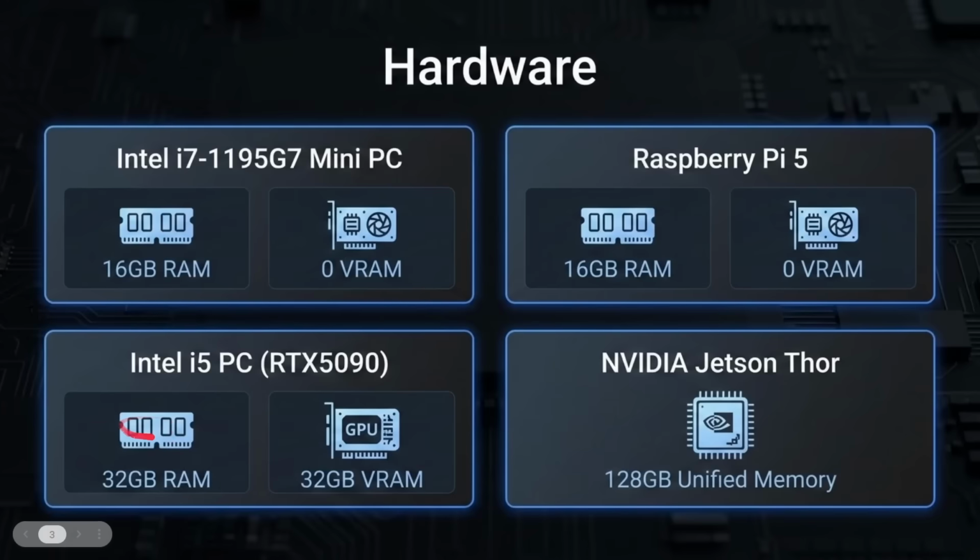So it's got 32 gigabytes of normal RAM and 32 gigabytes of VRAM, video RAM, in the RTX 5090. Then I've got a Raspberry Pi 5, which has got 16 gigs of normal RAM, no VRAM. It's just got the integrated GPU in that. And then I've also got the NVIDIA Jetson Thor, which has got 128 gigabytes of unified memory. So that's shared amongst the CPU and the GPU.